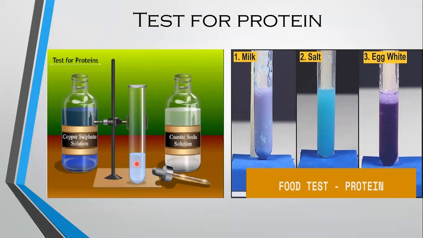Shake well and let the test tube stand for a few minutes. Appearance of violet color indicates the presence of proteins in the food sample. Absence of violet color indicates that there is no protein in that particular food sample.